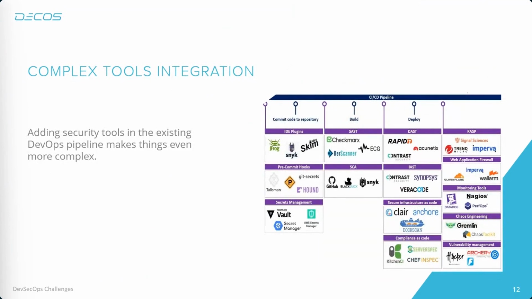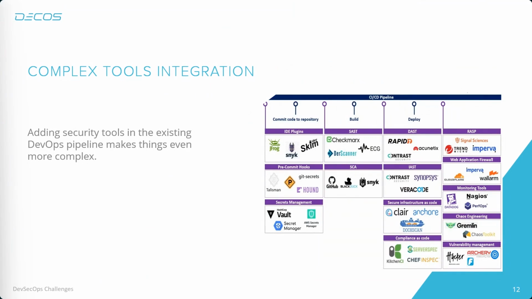Next one we have is complex tools integration. The majority of DevOps toolchains come from various vendors, like source code management, then we have CI/CD, build tools, binary libraries, code review, and problem monitoring tools. These are chosen by teams based on their specific requirements.